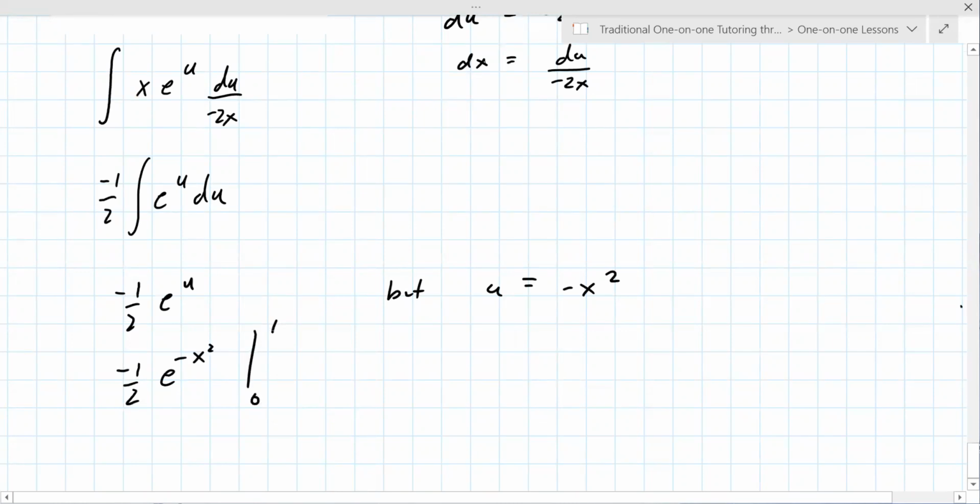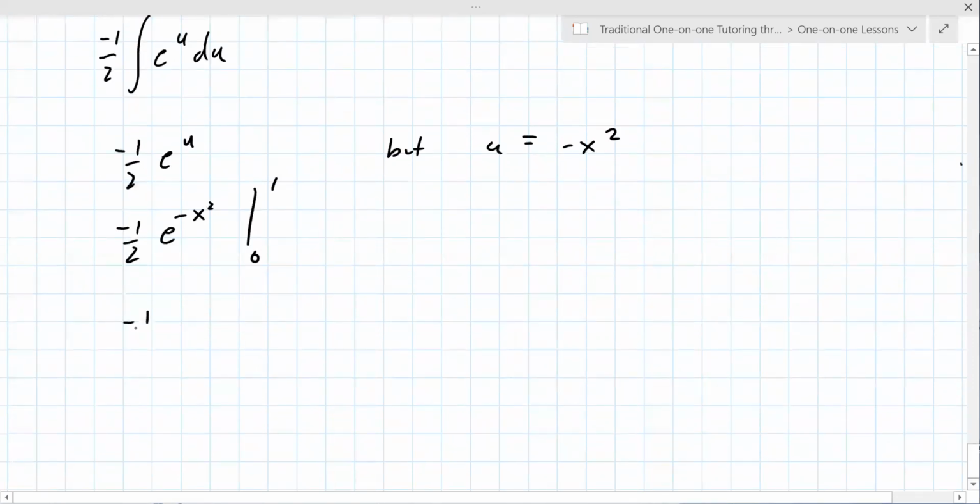Oh wait, I forgot you put the u back in. Yes, you have to put the u back in. You can't just evaluate it at those points. It may, in some weird case, give you the same numbers, but then it's -1/2 e to the -1 squared minus -1/2 e to the -0 squared.